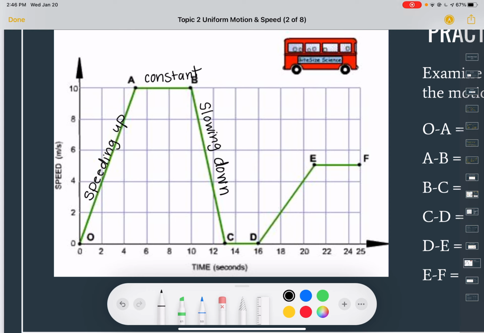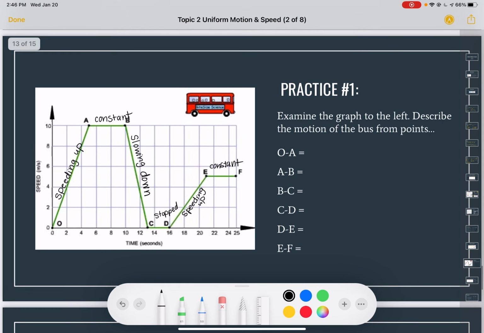Here, because it's at 0, you're actually stopped. And then you're speeding up again here. And then here we're going constant again. Okay, so that's how we are expected to sort of analyze a graph, and that's something that you are supposed to know.